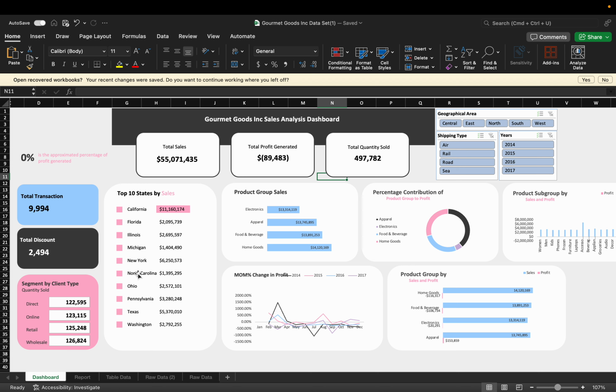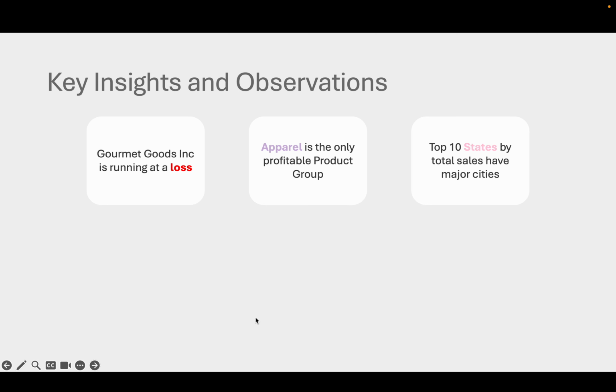These are all states which have major cities and have a big population. Therefore, they would tend to drive more sales based on the number of people that live in those specific locations. So these are some of the key insights and observations that I've picked up while analyzing the sales for this store.